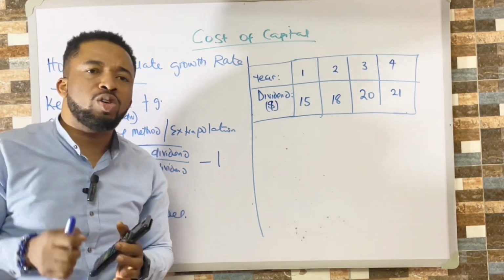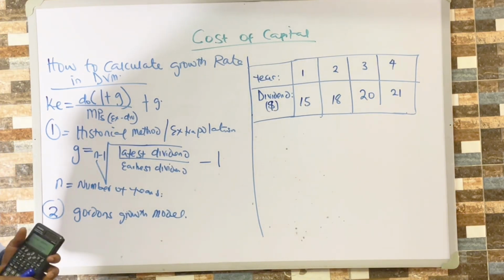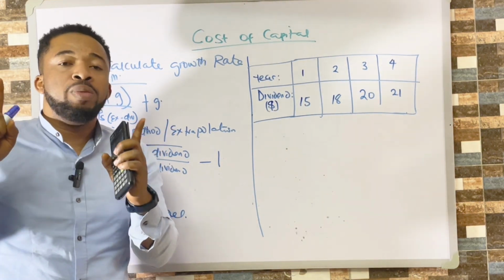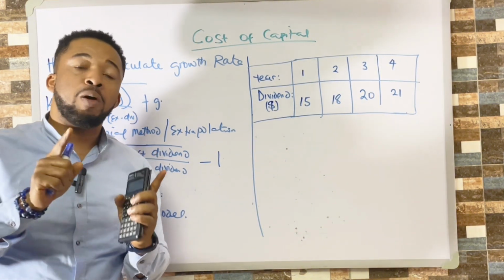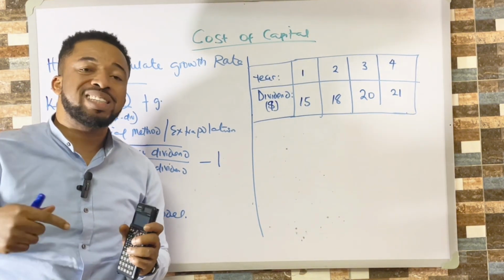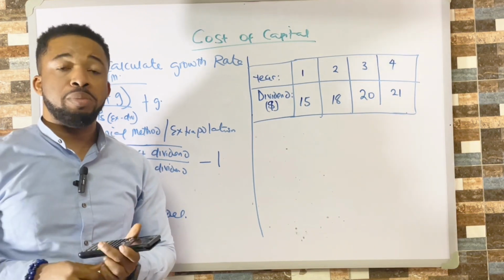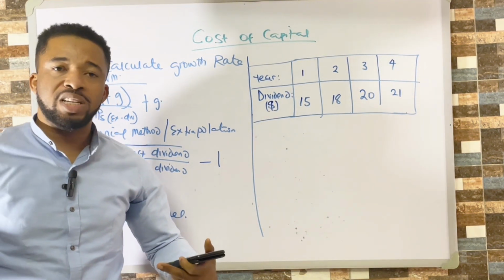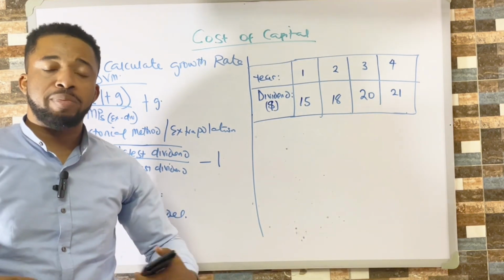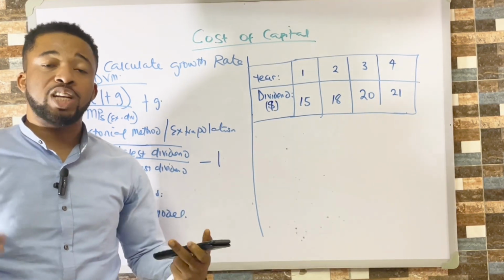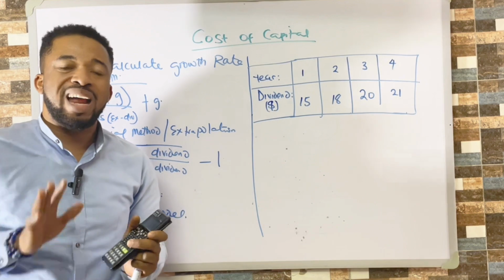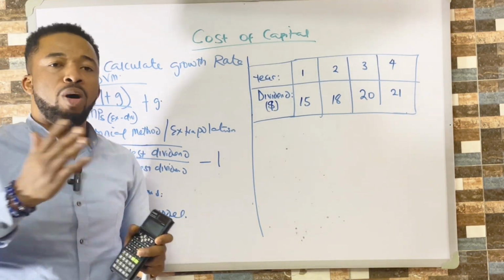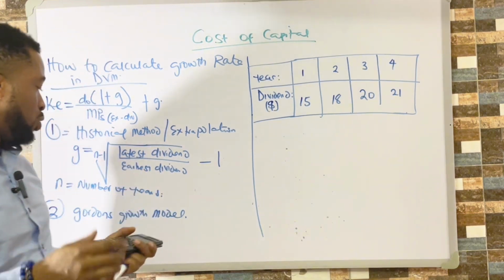According to Gordon's model, the company that retains more, assuming they have the same earnings after tax, is expected to have a higher growth rate, because the more you retain, the more your company's balance sheet increases, and the more money you have for investment and expansion. So naturally, a company that retains more profit is expected to have higher growth compared to its counterpart.